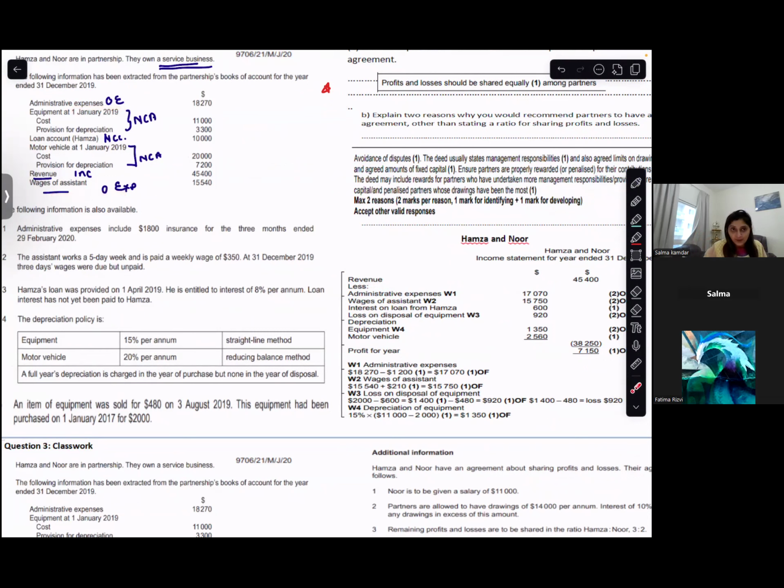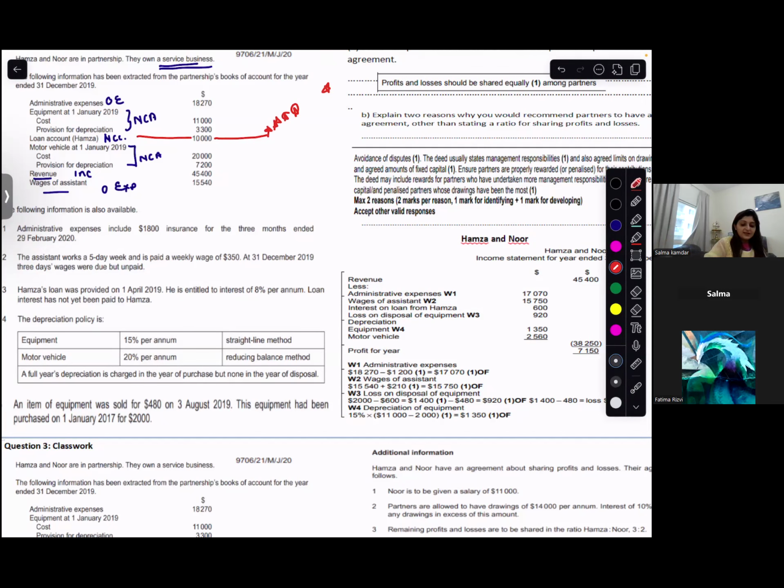Whenever there is a loan, something should always strike you. What should strike you?